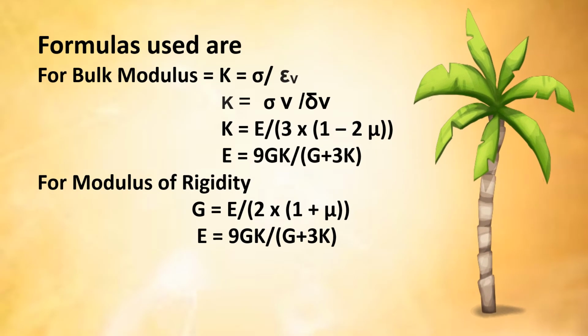Formulas used for bulk modulus: K is equal to sigma divided by epsilon V, that is volumetric strain. And if I substitute volumetric strain as delta V upon V, then this K becomes equal to sigma into V divided by delta V, or K is equal to E divided by (3 into (1 minus 2 mu)).